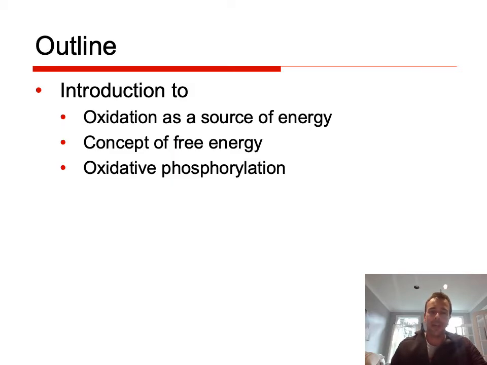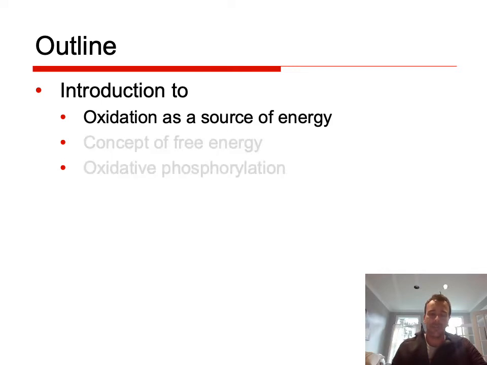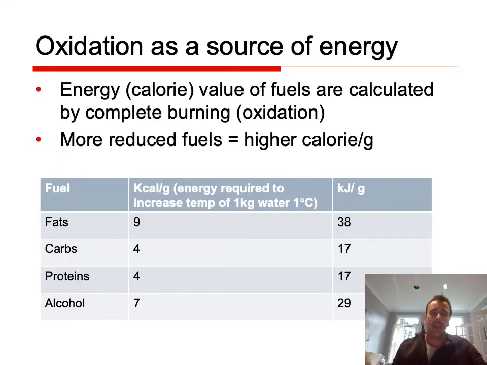There are 3 main topics, with the majority of the lecture being on oxidative phosphorylation. But the first thing we're going to talk about is oxidation as a source of energy. The caloric value of fuels or foods is calculated by complete burning or complete oxidation. So the more reduced your fuel is, the higher the calories per gram are going to be.